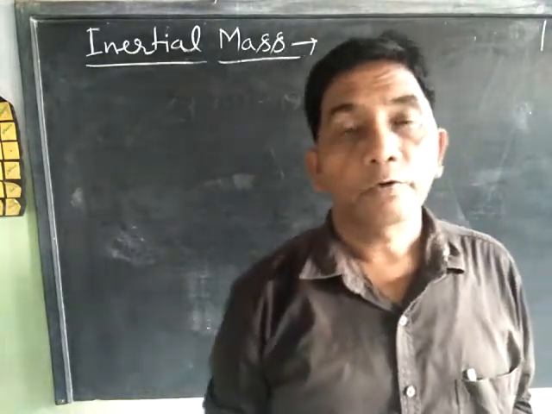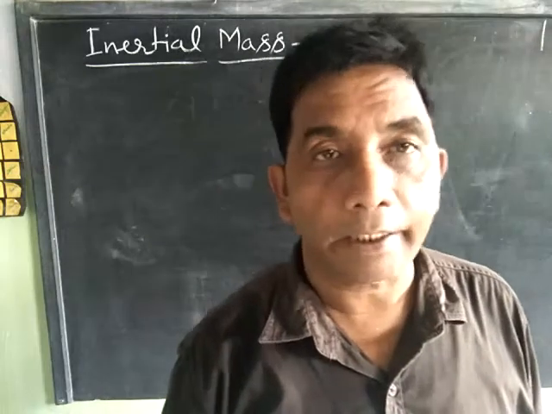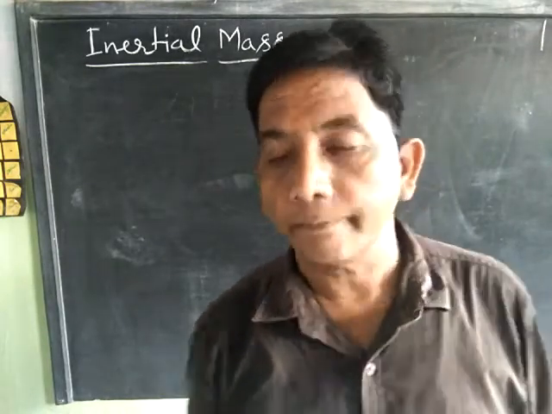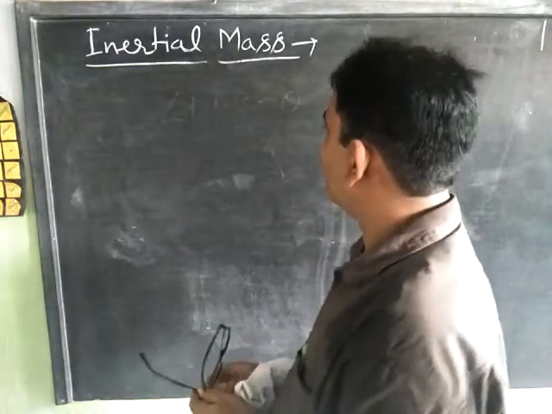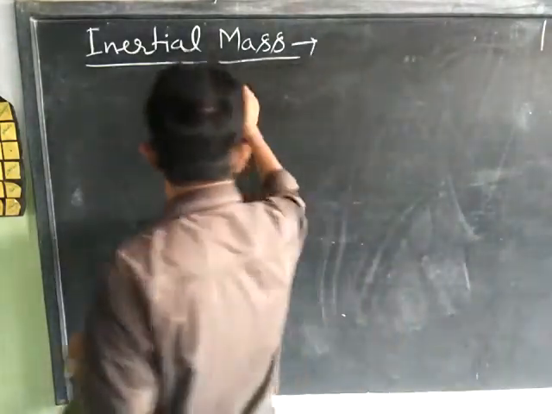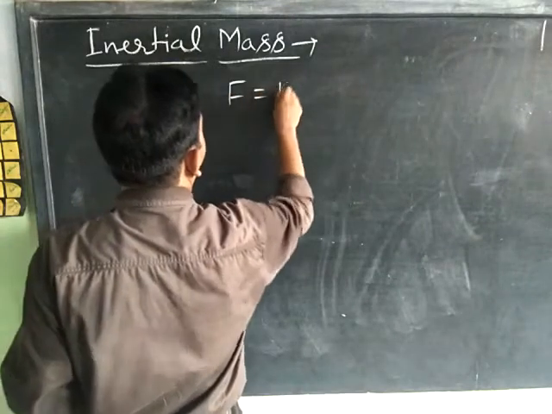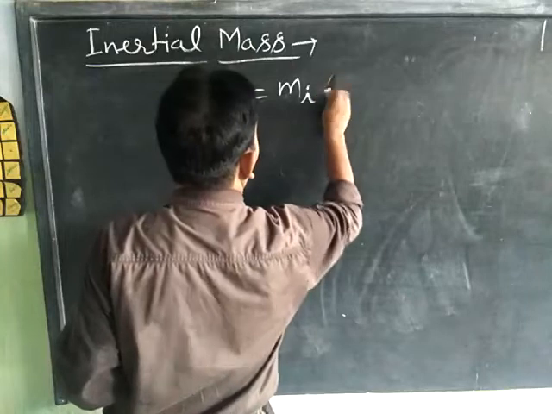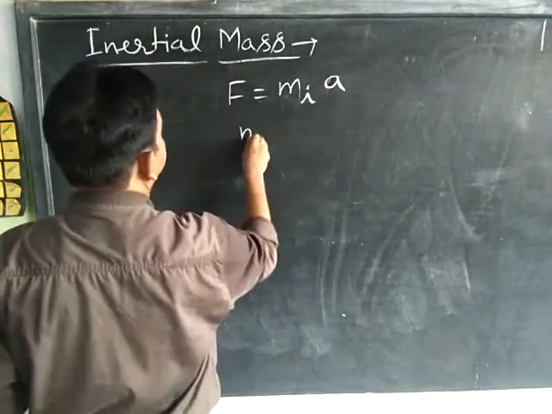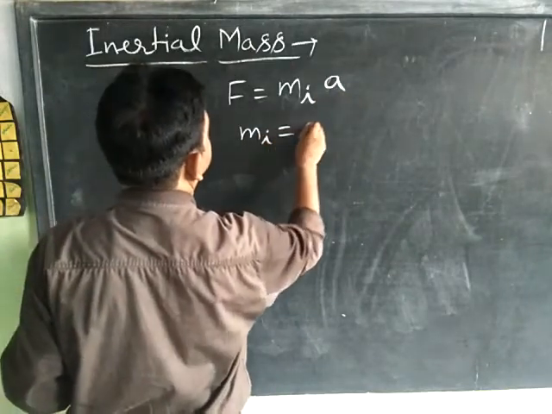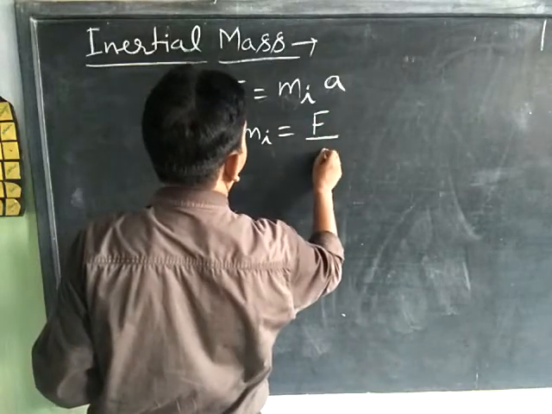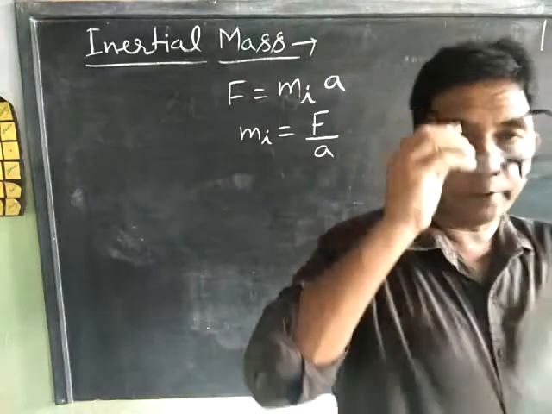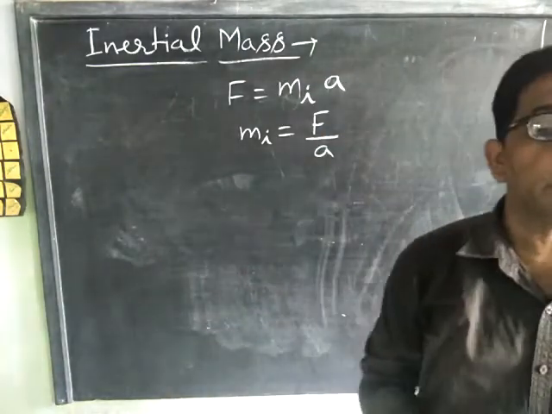According to Newton's second law of motion, force is equal to mass into acceleration, that is F is equal to mi into A. Mi is the inertial mass, which is equal to F upon A, and A is the acceleration produced.